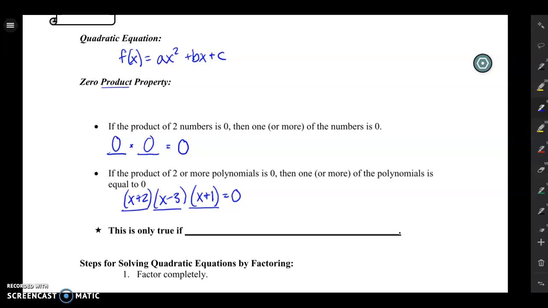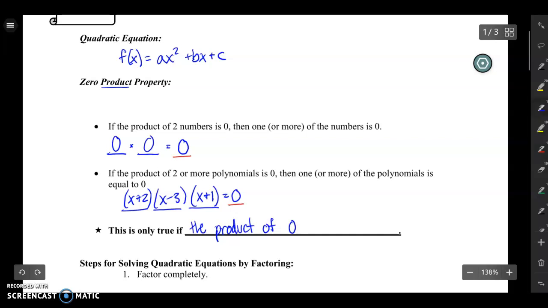Now, one thing to remember is that this is only true if the product is 0. So you can't say like, oh, well, these two numbers multiply together to give me 3. That means that one of those numbers that I multiplied together has to equal 3. So this only works when your product is equal to 0.